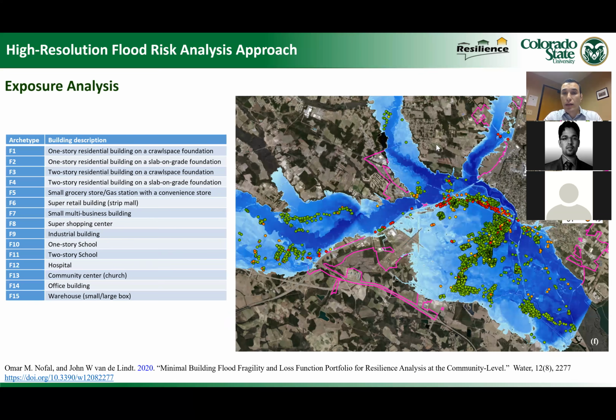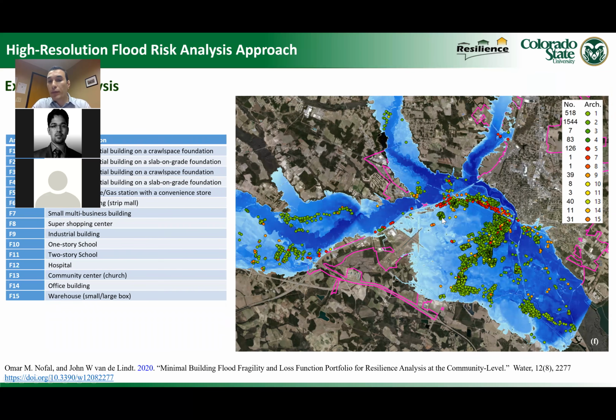Yeah, so here it shows when we overlay the hazard map over the buildings in Lumberton. So here it shows the buildings that are only in the floodplain. So we excluded any building outside the floodplain. We have about 24,000 buildings in the floodplain, and they are color coded based on their archetypes.